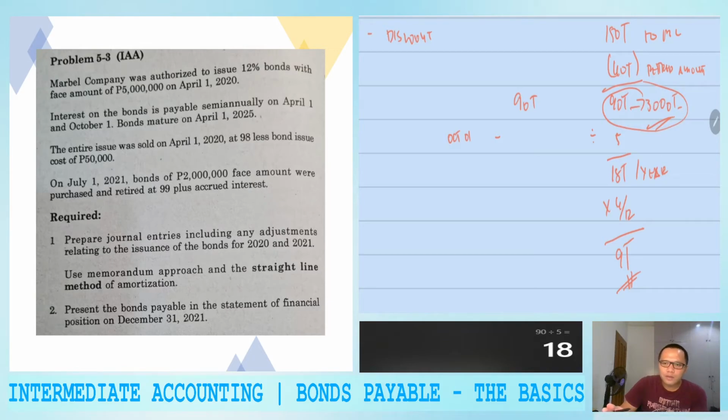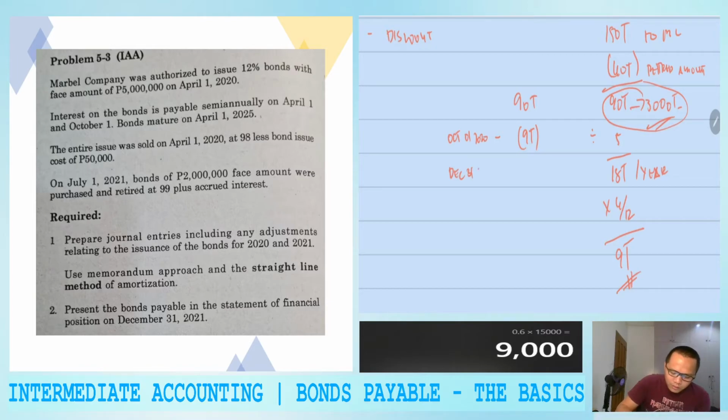The 15,000 there is applicable for the whole 5 million. But again, as noted natin kanina, 3 million lang dyan. Ha? So, 3 million times 15,000 already amortized.